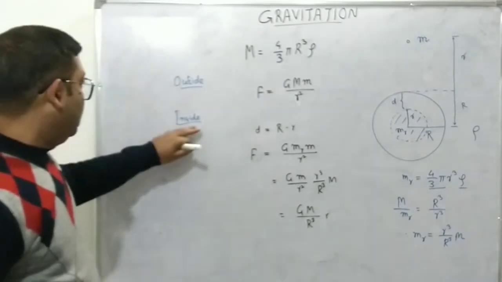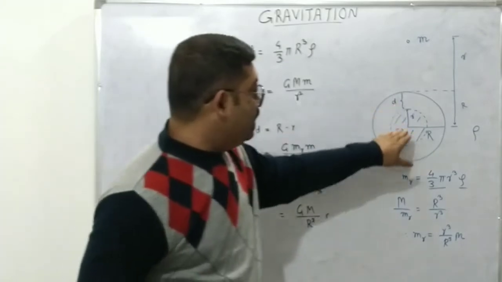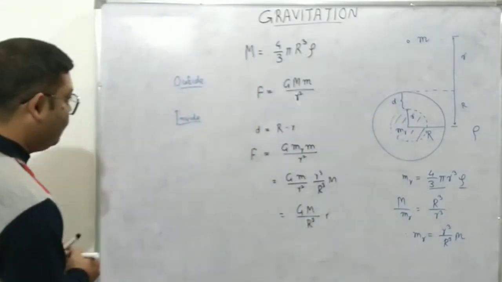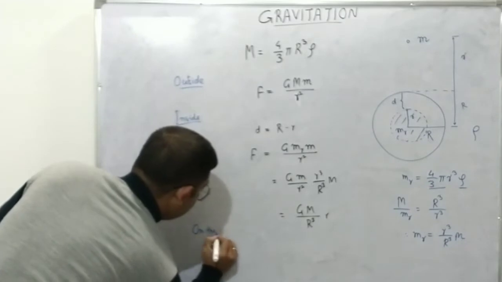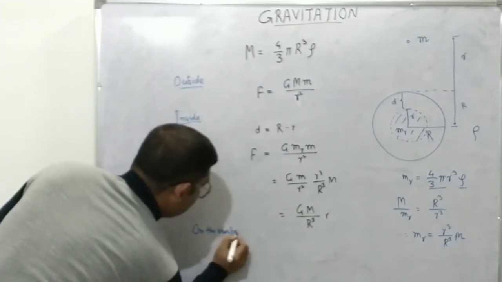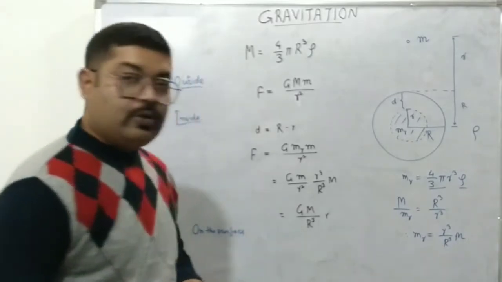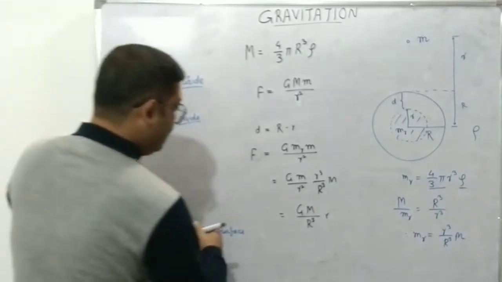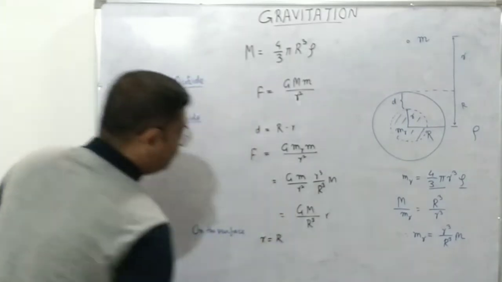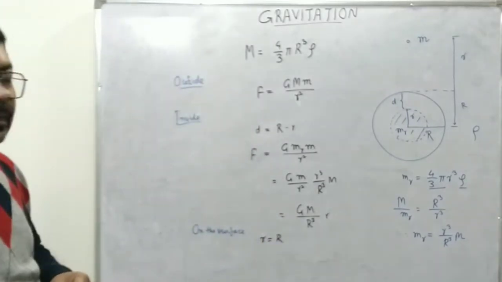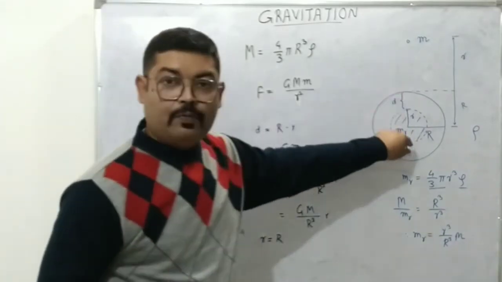Now, instead of the object being inside, what if the object was on the surface of the earth? So clearly, for the surface of the earth in this equation, we will have small r equal to capital R, because on the surface means d is 0, the depth from the surface will be 0.